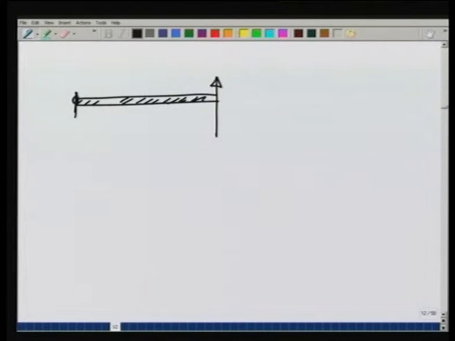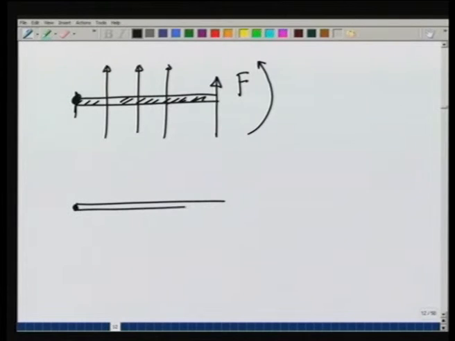If this rod is fixed here, this force will, number one, push the rod in this direction and will also tend to rotate it like this. What I want to find is, what if I think of this as a force pushing the rod in this direction, what else can it do? I will replace this whole thing by a force at this point and a moment that is rotating the rod. That is the total effect of the force.